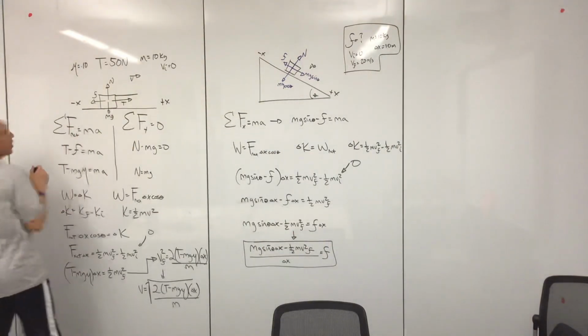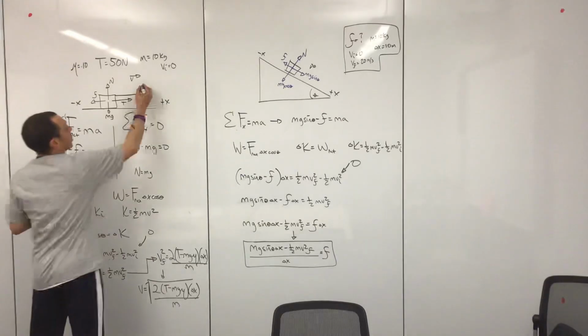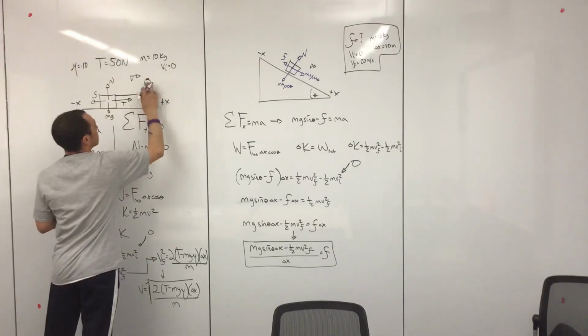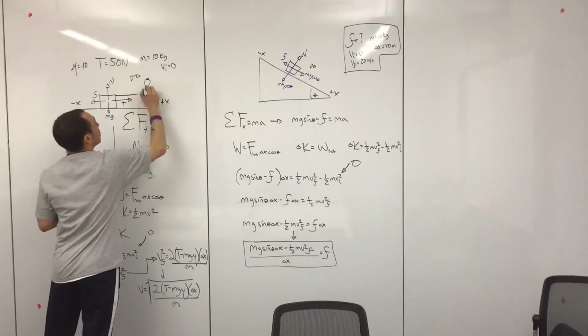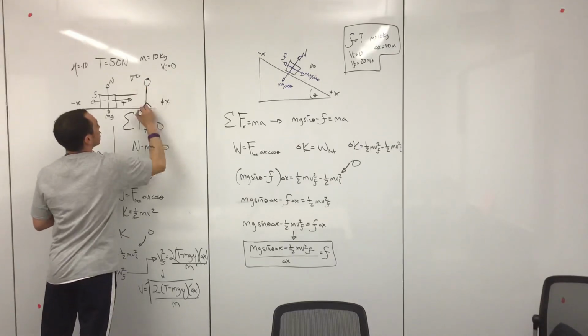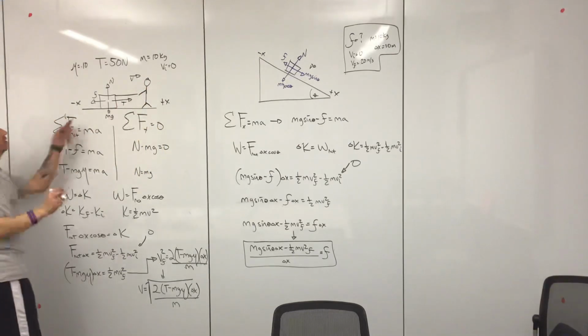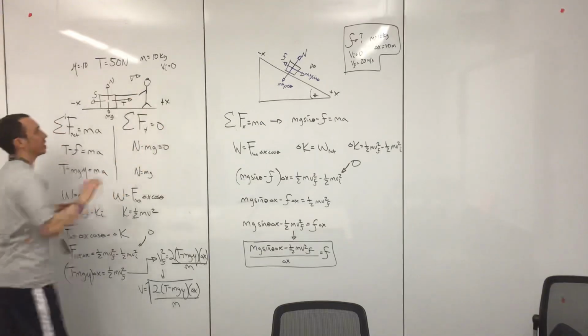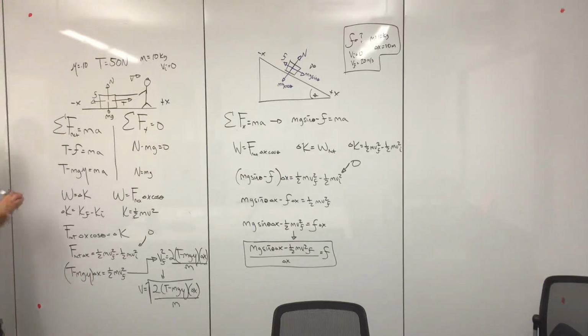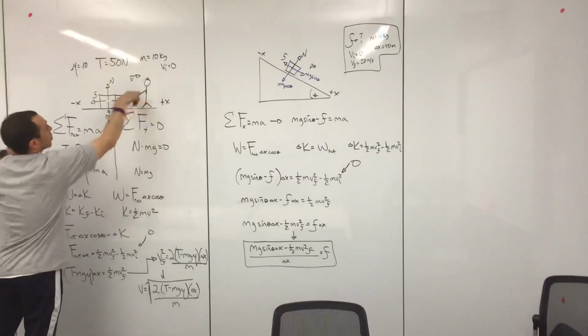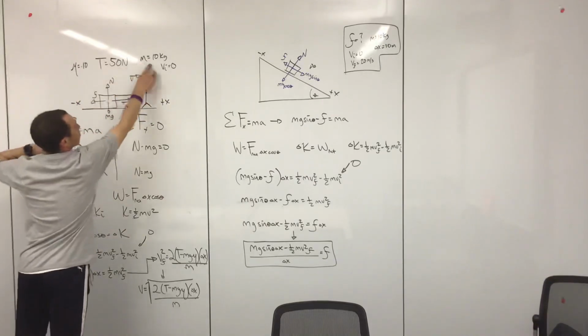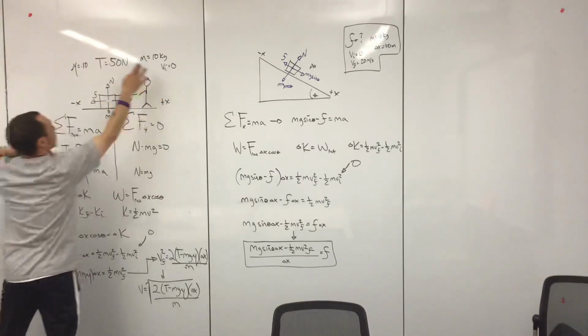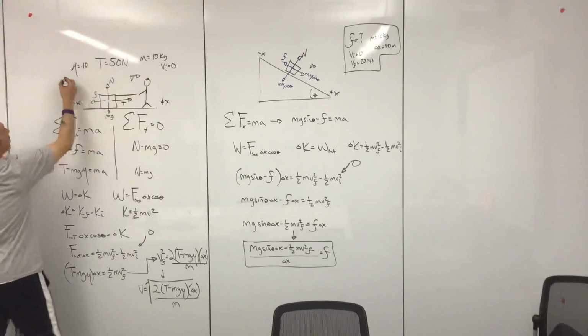All right, so our first situation, we don't have it all drawn out here, but we could. There's this person and they're pulling on this box this way. So we know the tension's 50 newtons, we know the mass of the box, we know it started at rest, and we know the mu.